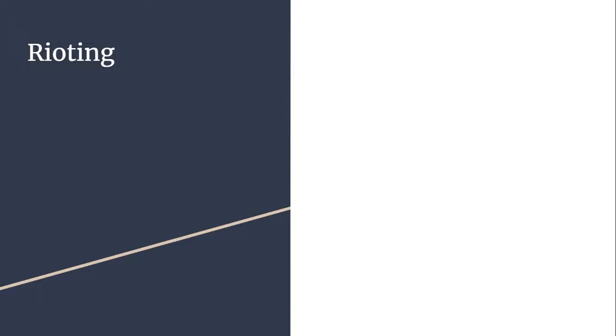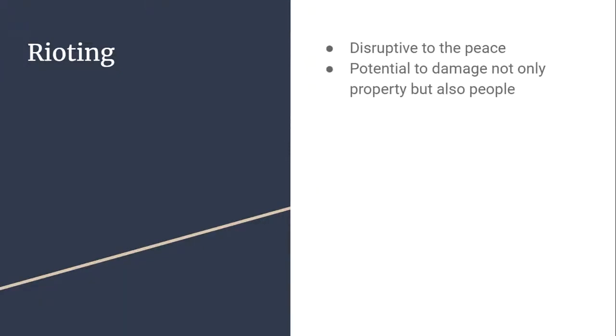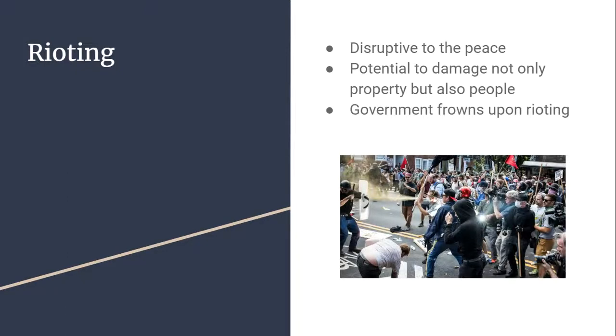Next, we're going to look at rioting. Rioting is disruptive to the peace, and there's a potential to damage not just property, but also people. I don't know if you've seen footage of the riots that are happening not just in our country, but across the globe. People are getting hurt, and the government wants to prevent that from happening. The government naturally frowns upon rioting.